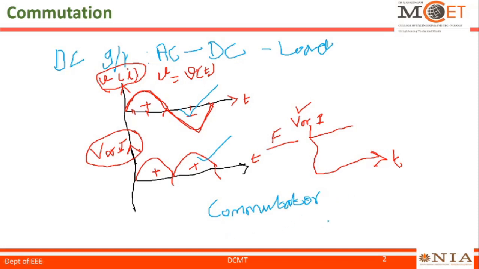The commutator is attached to the rotor, which is rotating, so the commutator is also rotating. The brushes make contact with the commutator segments, which in turn connect the induced voltage or current to the load terminals. So commutation is the process of changing current from one direction to the other, and the commutator is a device which converts induced AC voltage into DC voltage.